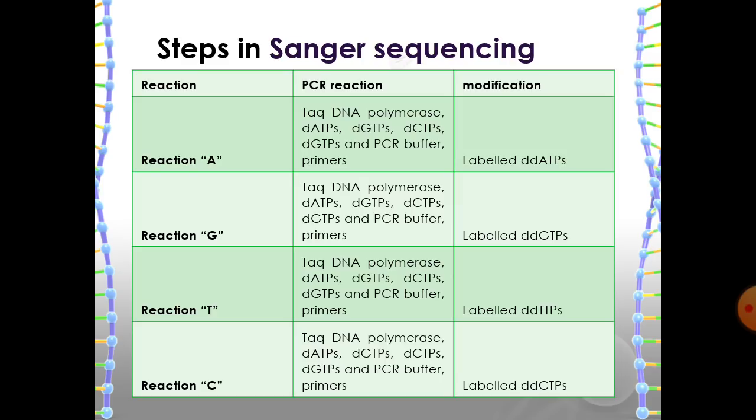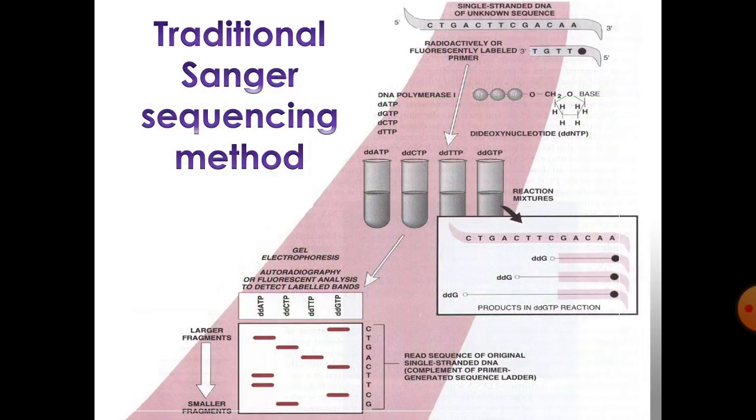The PCR mix contains the Taq DNA polymerase, all the dNTPs, PCR buffer and primers. All are taken in equal amounts, and to this the labeled ddNTPs are added. Here the primers that bind to the region near to the sequence of our interest, which we are going to read, are the flanking primers.